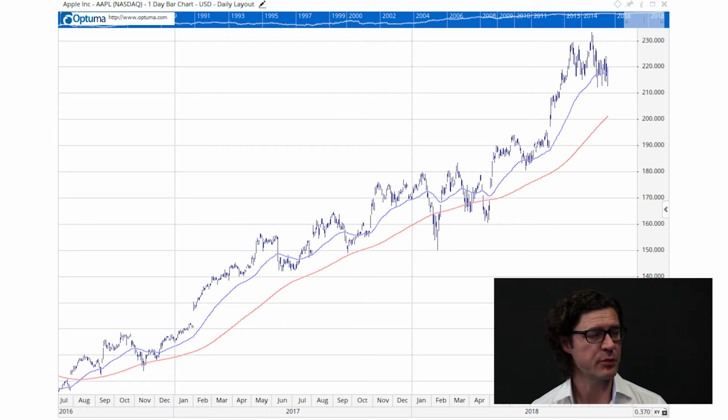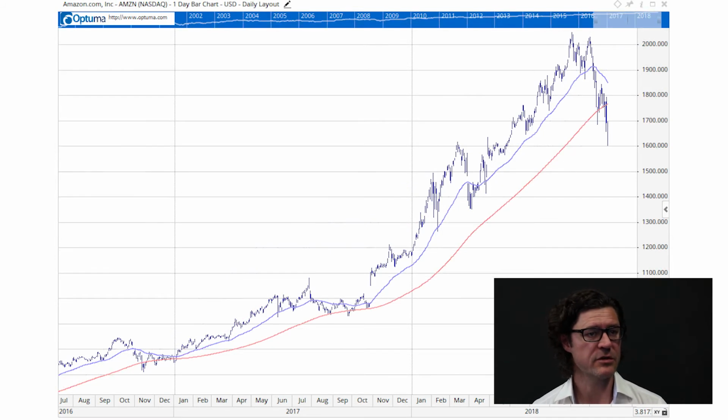The next chart, Apple, obviously one of the largest stocks in the world, still looks pretty good on the chart. You can see the moving averages indicate that the upward trend is still in good shape. There's consolidation going on there, but as far as that chart indicates, there's not a huge amount of concern for Apple at the moment.